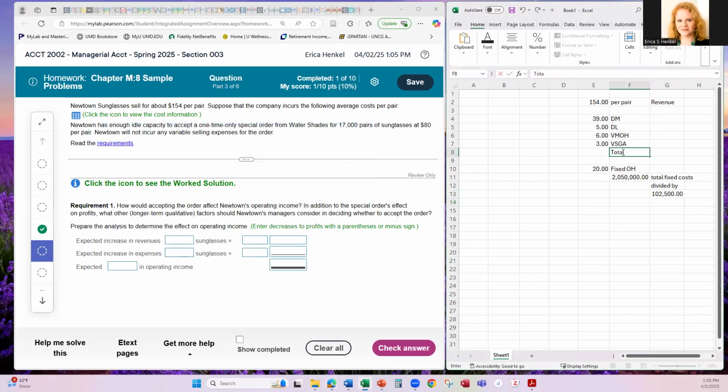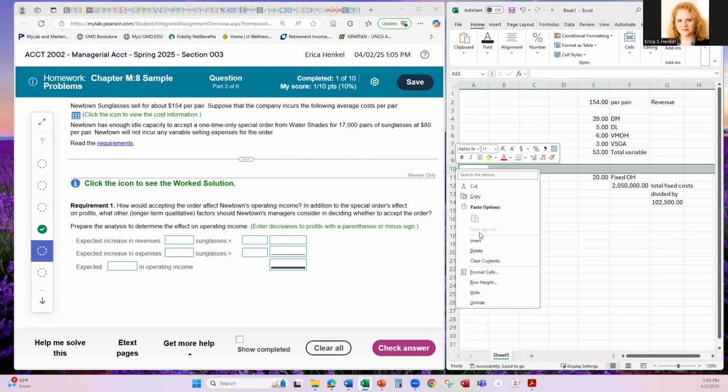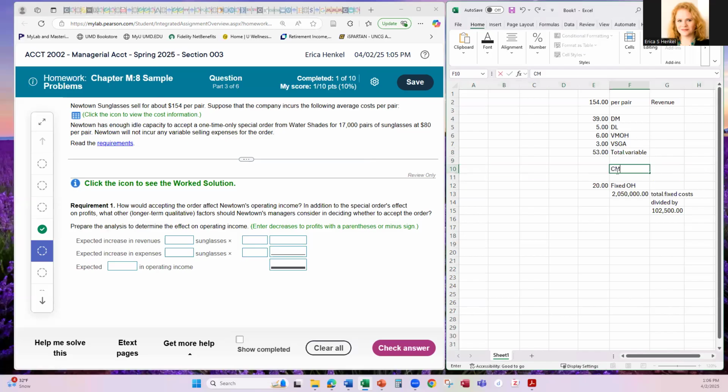So the total for the variable costs then gives us $53 in variable costs per pair. So our contribution margin here then is the revenue per pair minus the, actually here I'm going to link this in case we want to manipulate those at all.